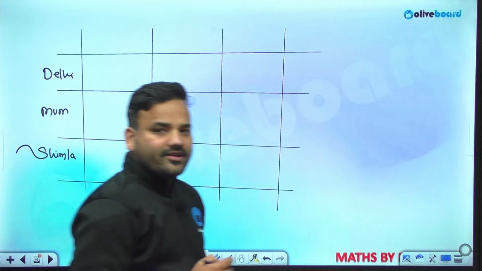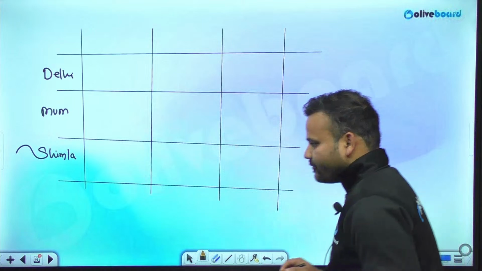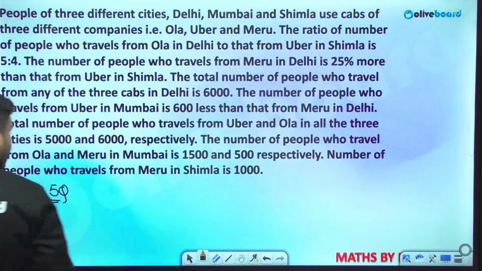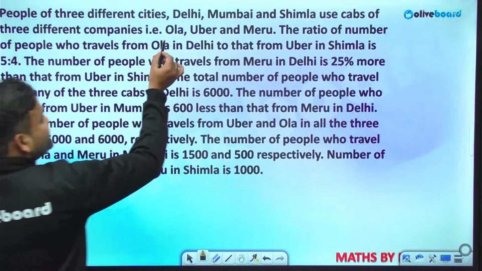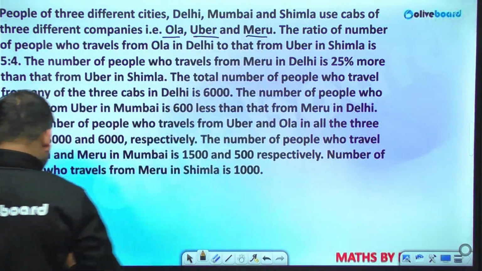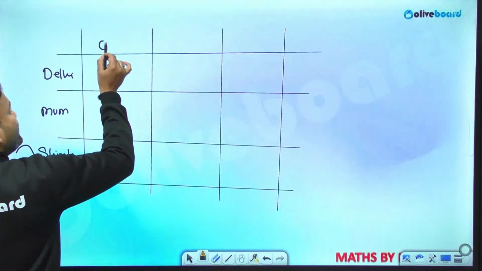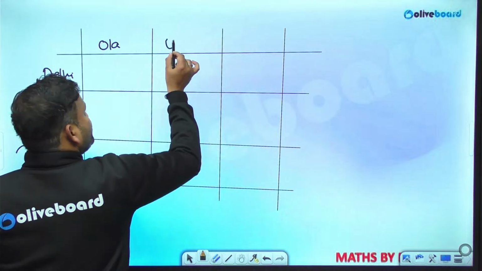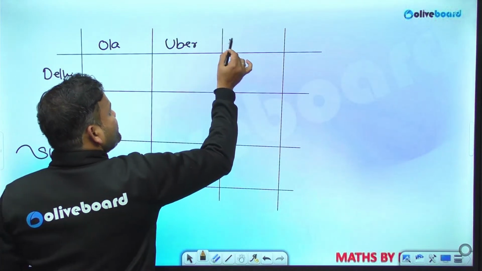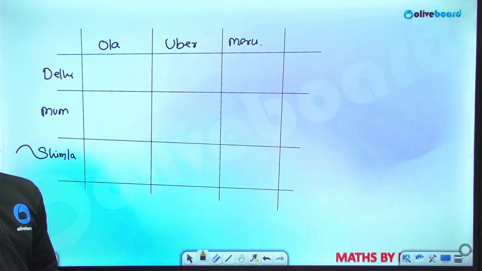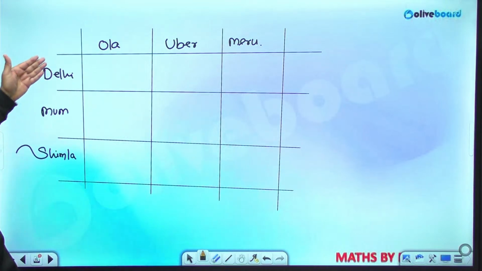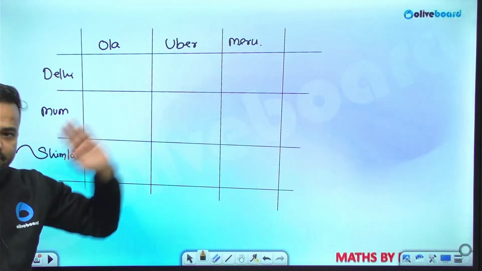This is based on pure arithmetic. So we have 3 companies, namely Ola, Uber and Meru. So this will be Ola, this will be Uber and this will be Meru. So 3 by 3 diagram is there. Clear? Delhi, Mumbai, Shimla, Ola, Uber, Meru.